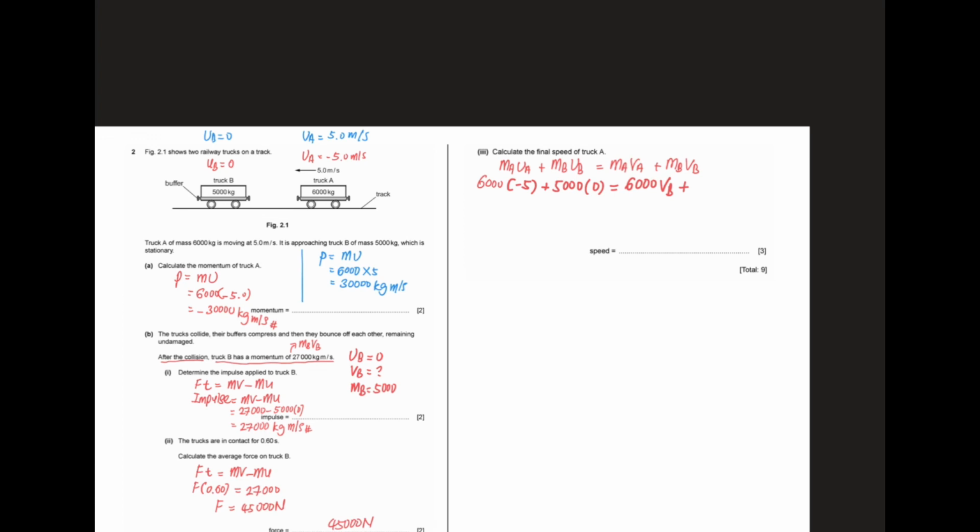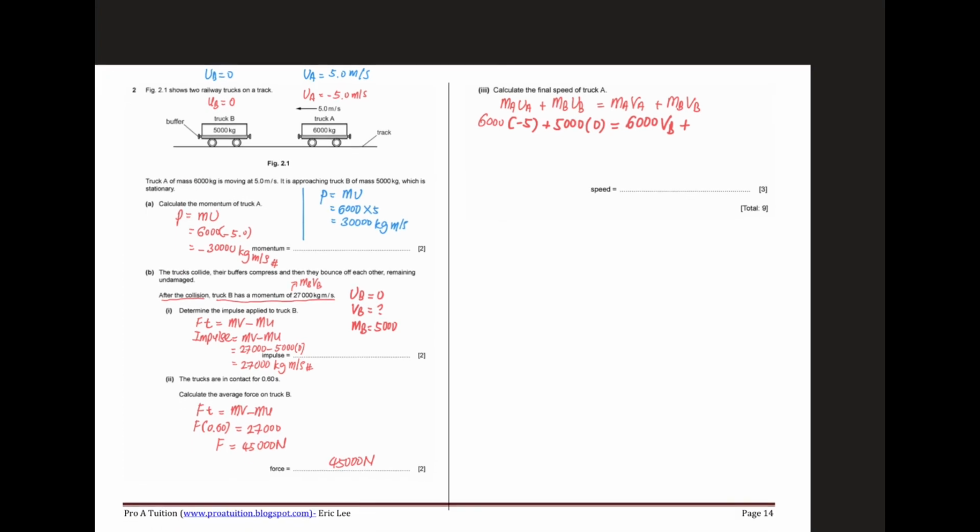VA is what we are looking for. Plus MBVB, which is here, 27,000. This part is a bit confusing already.